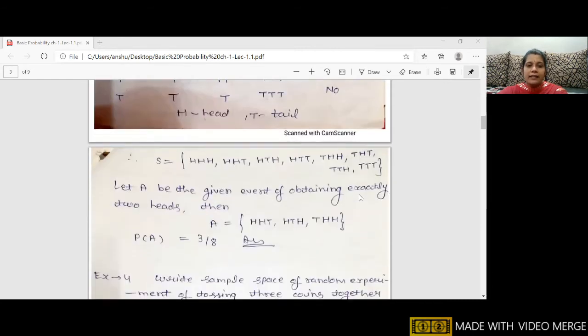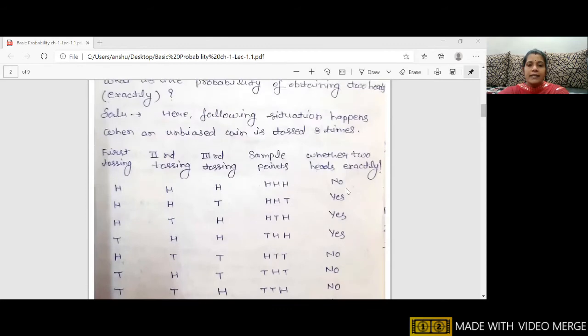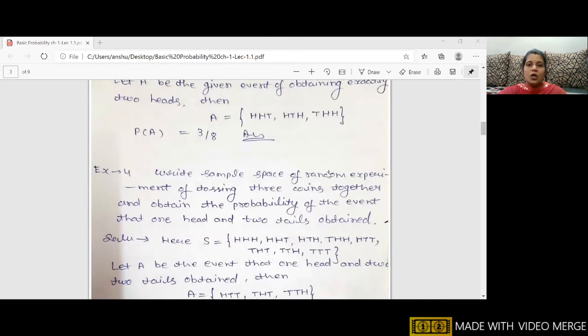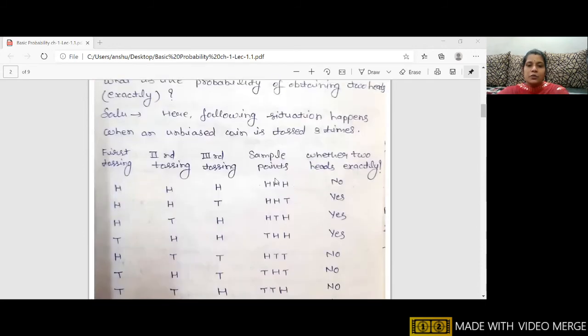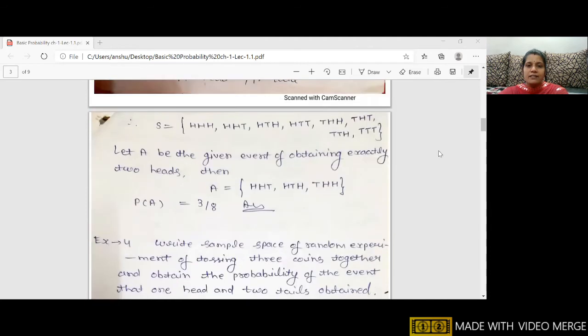Here we have one head and two tails. The sample space is our total 8 combinations, because 3 coins are tossed together. So the total event is 8, and we write 8 in the denominator.